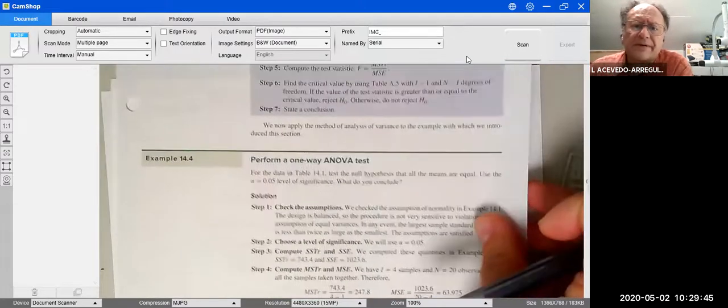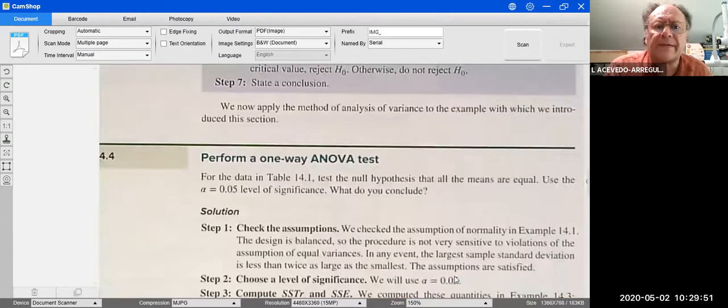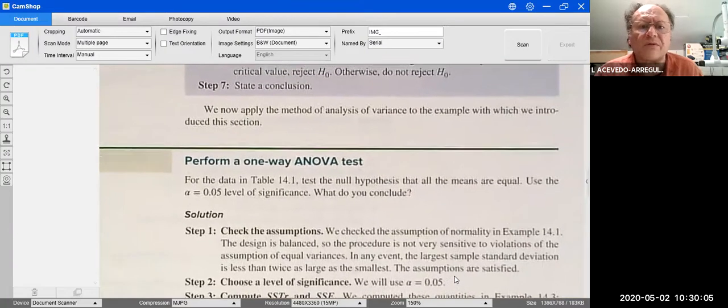We have here our book, and the problem is that we're going to use the data in table 14.1 to test the null hypothesis that all the means are equal. Use the level of significance alpha equals 0.05. So that's example 14.4, and everything is about table 14.1.